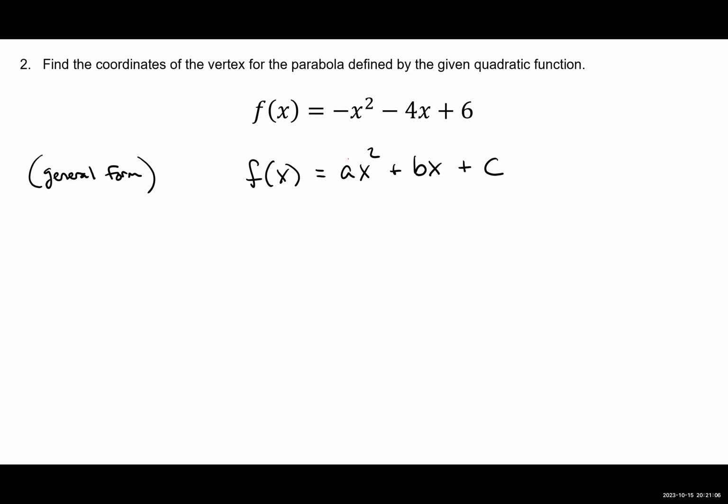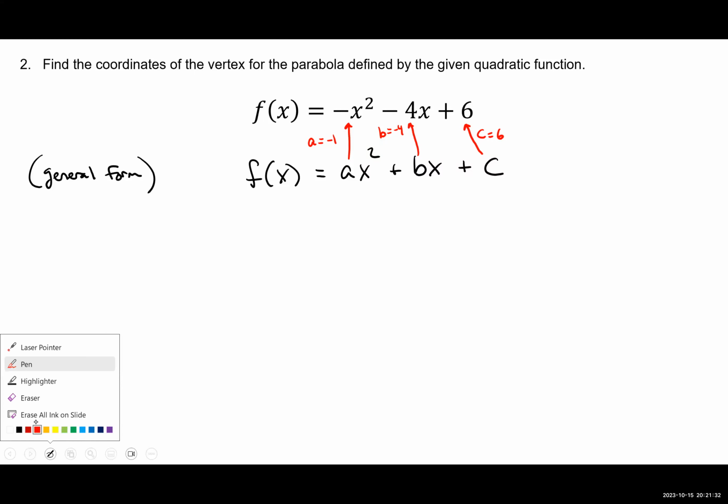So for this particular problem, the a is a -1 because we have -1x squared. The b is the -4. And the c is the 6. So we have a, b, and c in this problem. A is the -1. We have -x squared. B is the -4. C is the +6.